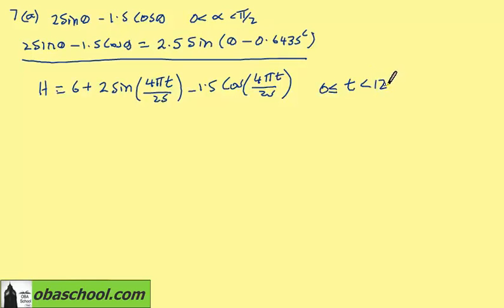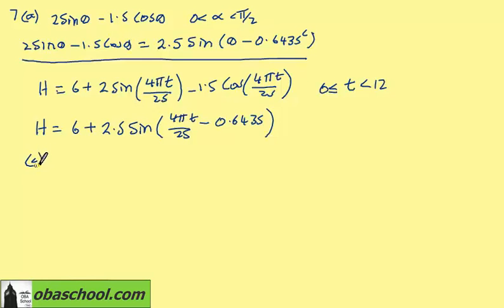And t is the number of hours after midday. We know from above that we could write this as 6 plus 2.5 sine 4 pi t over 25 take away 0.6435.